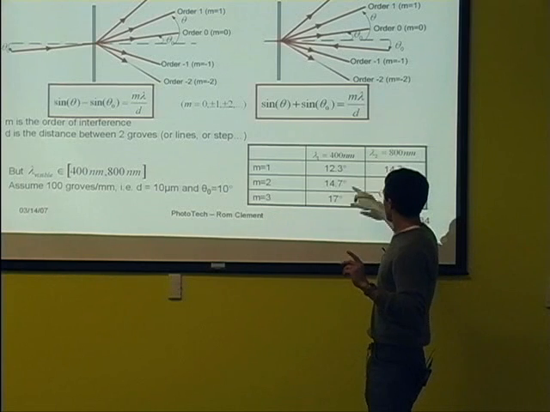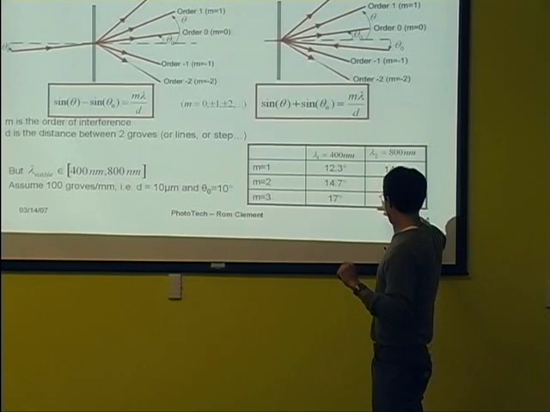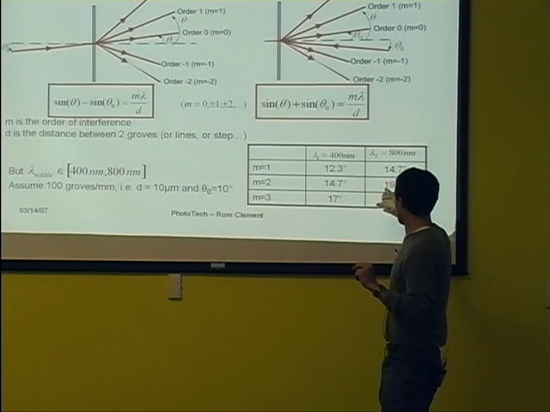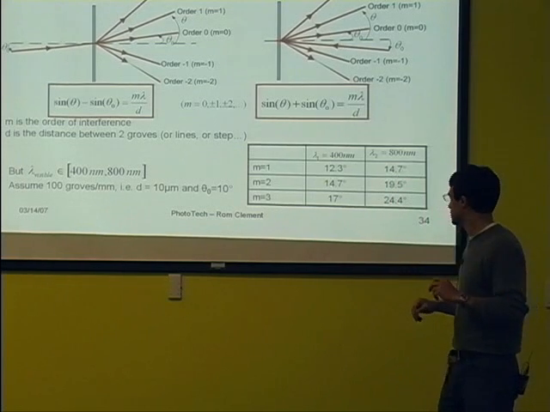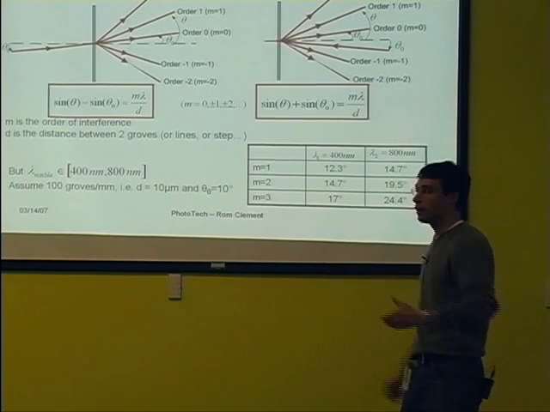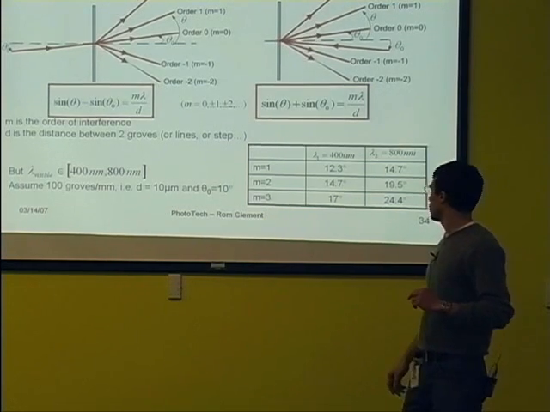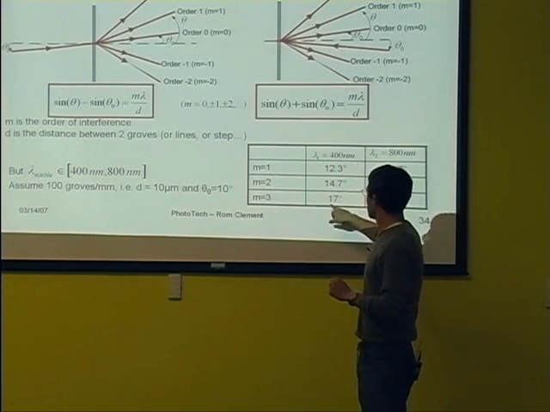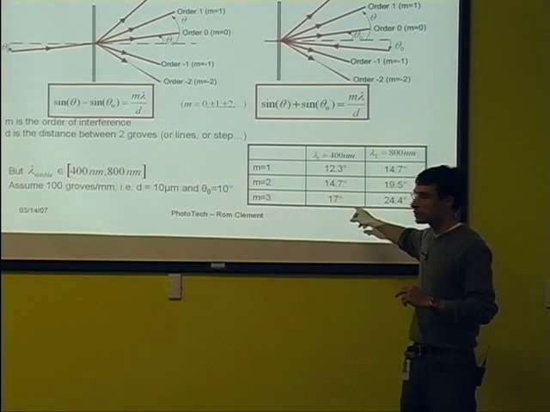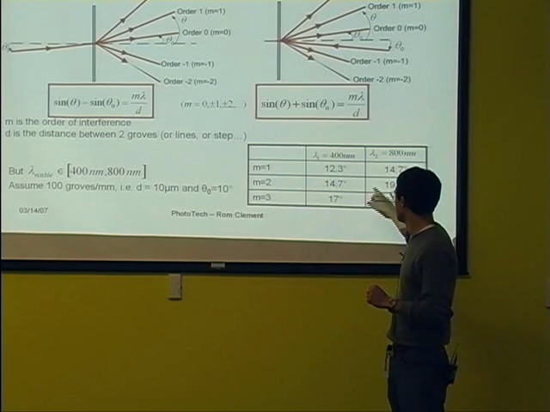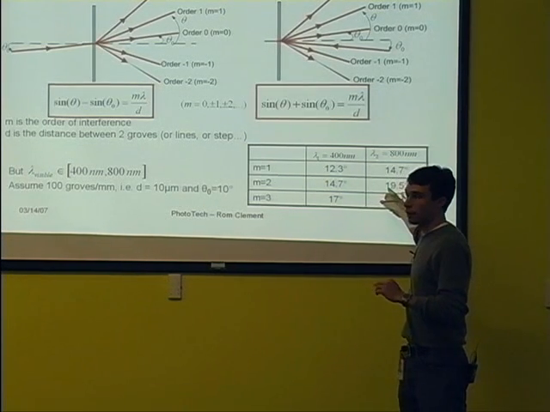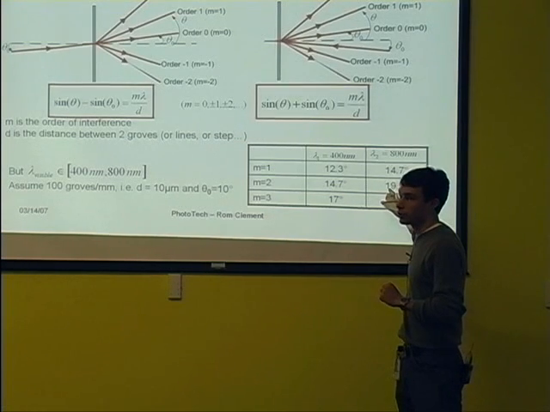And my second wavelength will be at 19.5 degrees. But if I keep going and look at the third order, well, it's getting pretty annoying because my first wavelength is at 17 degrees. So my first wavelength is before my red wavelength that I had in the previous order.